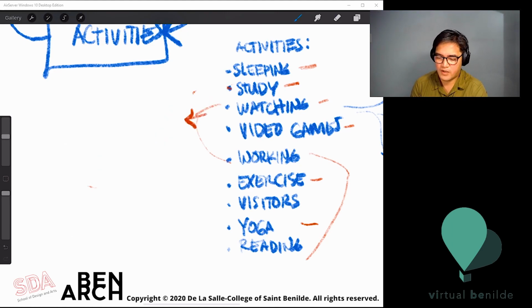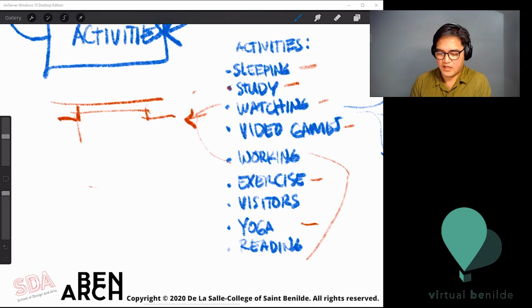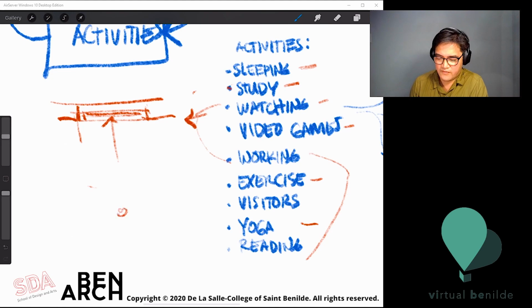Watching: what type of TV would you normally have? If this is going to be one of the walls of the room, and the room is 2 to 3 meters, a 32-inch TV is more than enough. But if the viewer is farther away, the TV should be 40 inches or more.